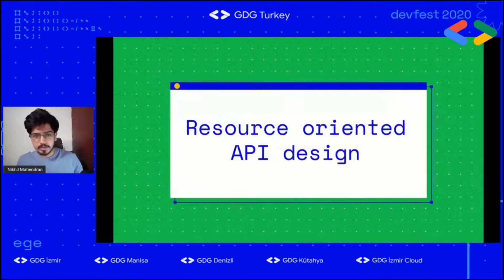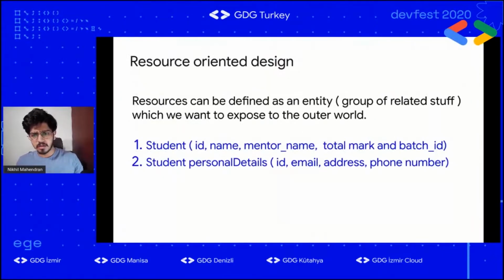Right next we'll see about what is resource-oriented design. So what is a resource? We can define a resource as a group of related stuff that we want to expose to the outer world. Take the first example, which is student. It has fields like ID, name, mentor name.